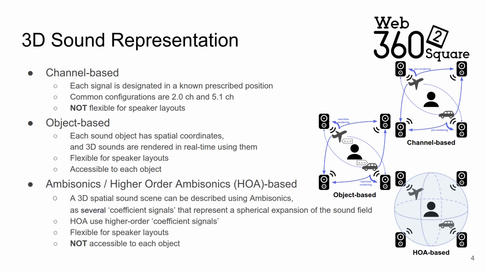Higher-order ambisonics HOA-based audio records a spherical sound scene spread around one point. The spherical sound scene can be easily rotated in synchronization with the listener's head rotation. HOA is also flexible for speaker layouts, but HOA doesn't have clear spatial information, so it's difficult to access each sound object in the sound field.